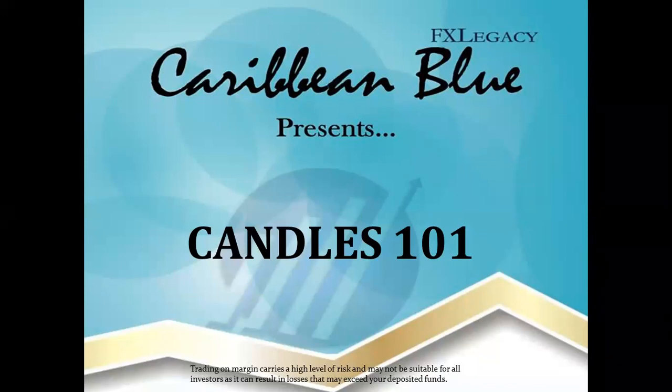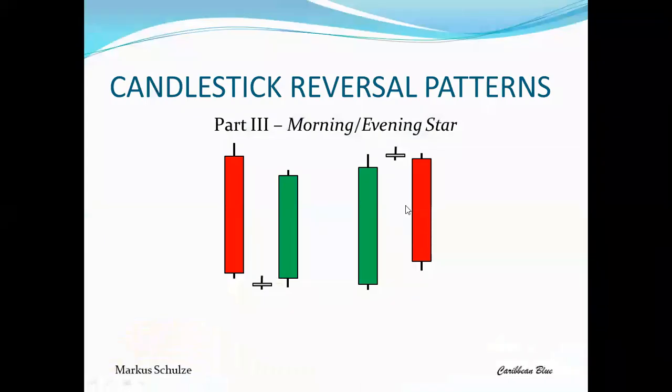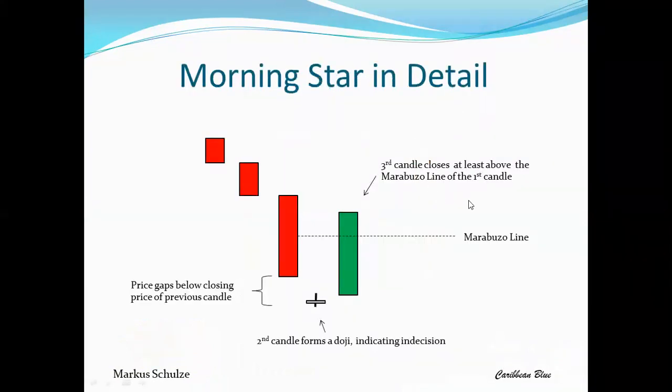The week before that, we covered bullish and bearish engulfing patterns. And today we are going to talk about morning and evening star patterns. So we've basically moved from a 1 candlestick reversal pattern to a 2, and now we're looking at 3 candlestick reversal patterns. And similar to our previous sessions, let's go into the details.